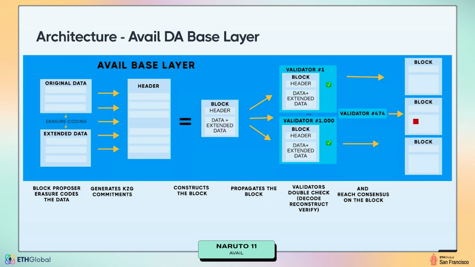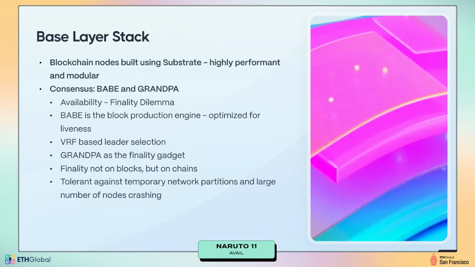Okay, base layer stack. As I said, there's also something that we very much focus on: consensus, BABE plus GRANDPA. BABE is a block production engine optimized for liveness. At the same time, we also have GRANDPA, which is another consensus algorithm, a finality gadget.